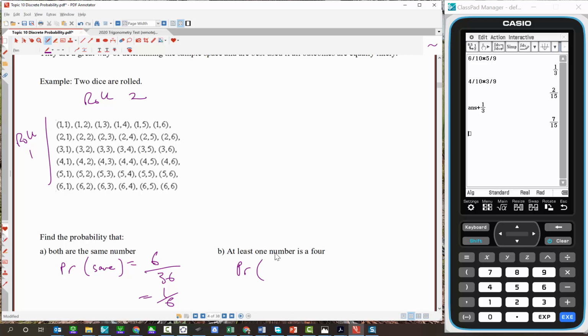Probability at least one number is a 4. Okay, so what we're looking for is one number is a 4, the other number doesn't matter. So we've got the 4s coming up here. So that's at least one number is a 4. And we've got the 4s coming up here. Now that's 6 and 6.